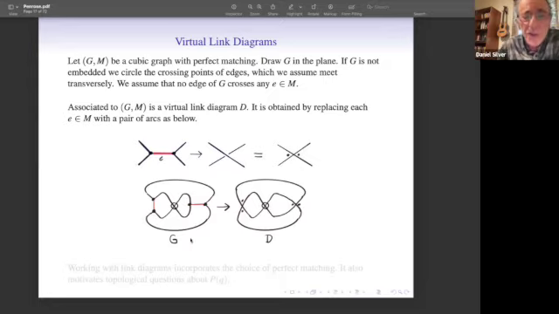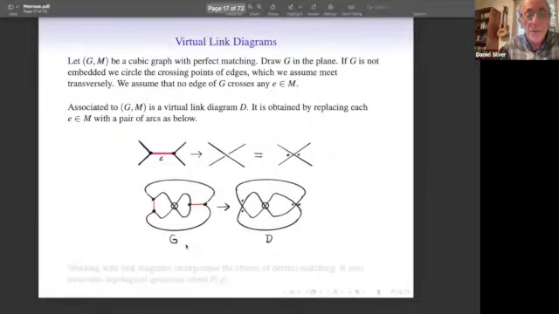So let's do a real simple example. Here's one down below. It's got a virtual crossing. So I've embedded this cubic graph in the plane, but it does have a crossing. It's got a matching here and here. And so this edge becomes this crossing, and this edge becomes this crossing. And I'll call this D, and this will be our diagram, and G is the cubic graph.